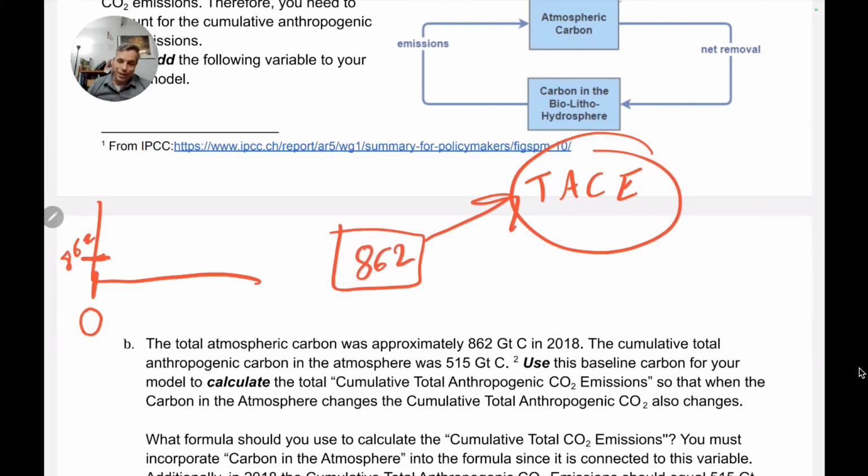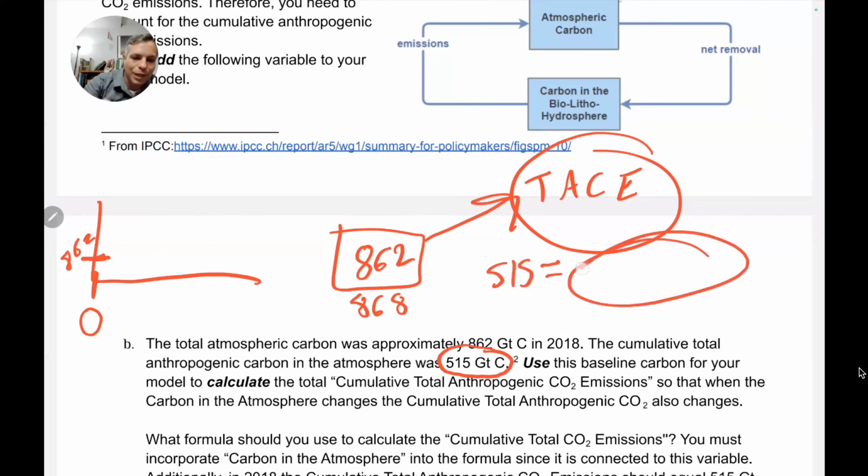Now, if we're adding 6 each time, it's going to go up from 862 to 868, right? And so forth. Well, what is the total anthropogenic carbon emissions going to be? In 2018, it was around 515 gigatons of carbon. So whatever this equation is, at time 0, it needs to equal 515.